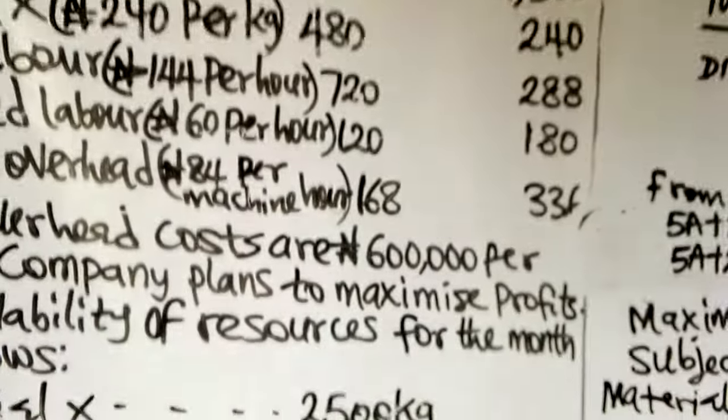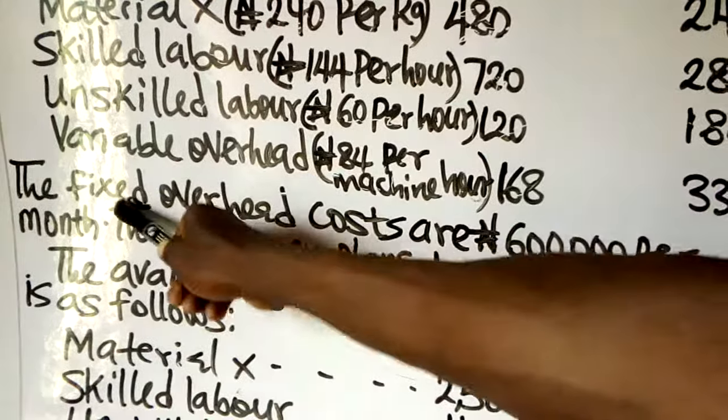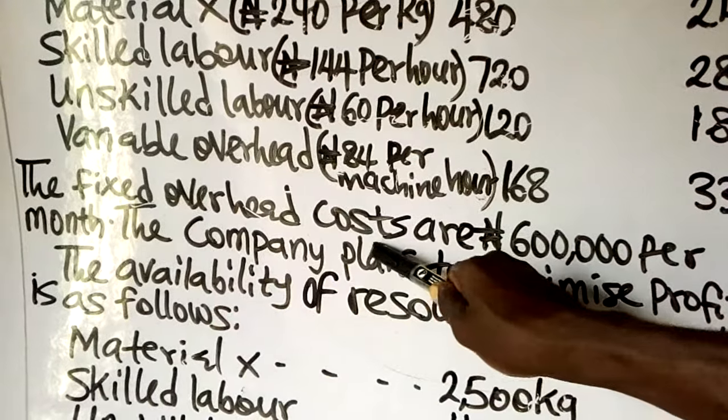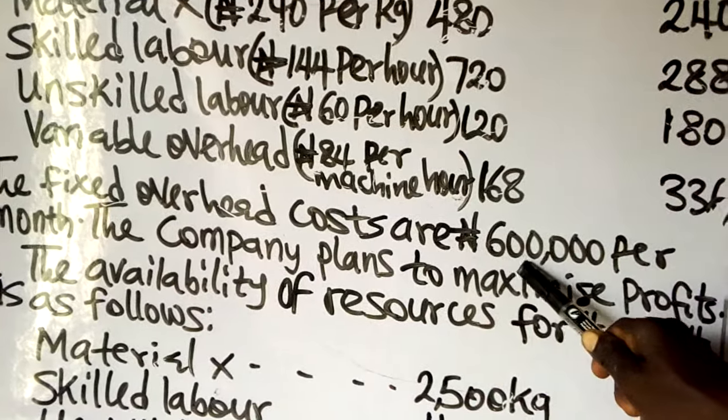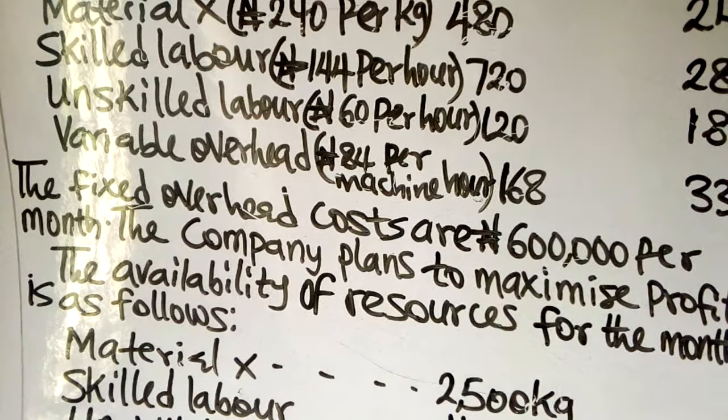You were told the fixed overhead cost is 600,000 naira per month. When you less the fixed cost from the contribution, you arrive at the profit.